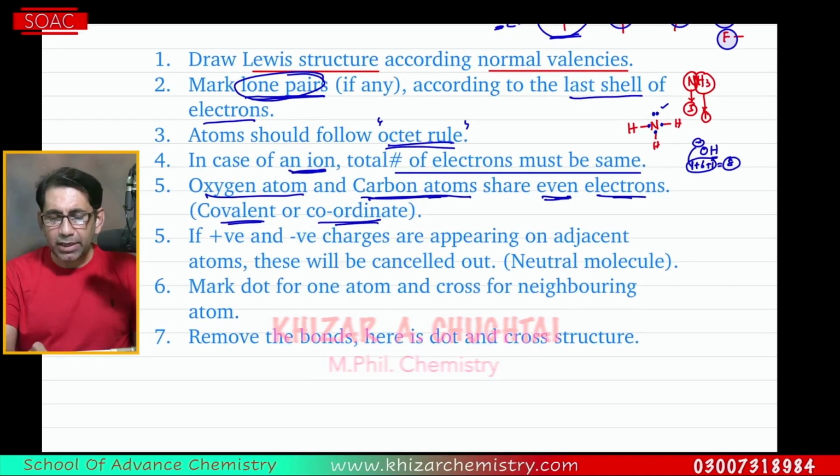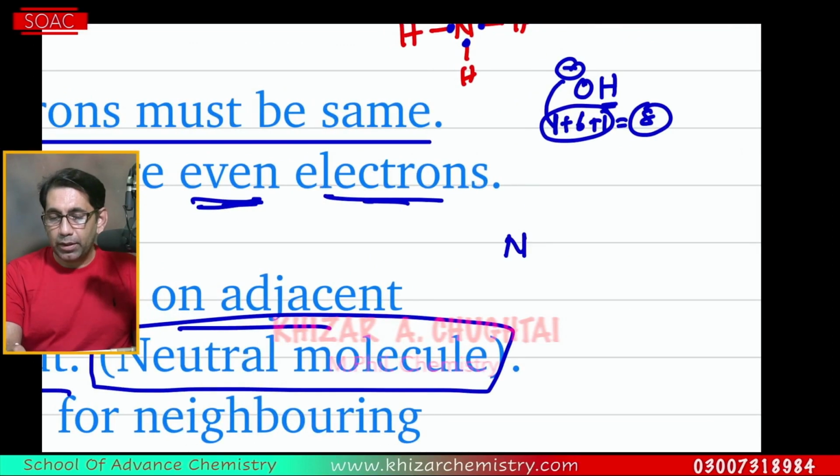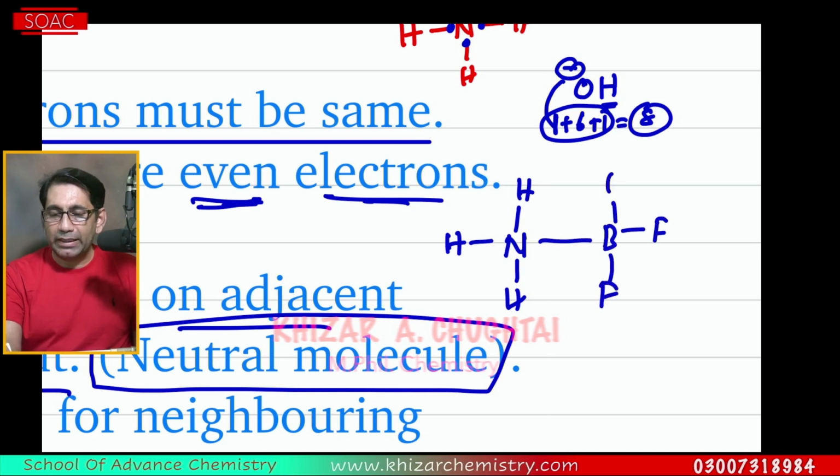The next point is, if the positive and negative charges appear on adjacent atoms, then these will cancel out. The overall molecule will be neutral. For example, when NH3 is allowed to react with BF3, there is the formation of a molecule that is said to be an adduct.